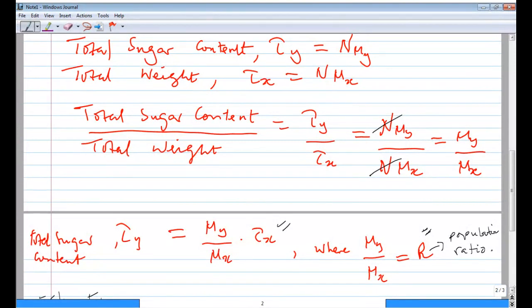It's just because here we want to find the tau Y as the subject of the formula. It's coming from this part. You take this multiplied by this, take this multiplied by this. It means I can say N is equal to tau X over mu X.